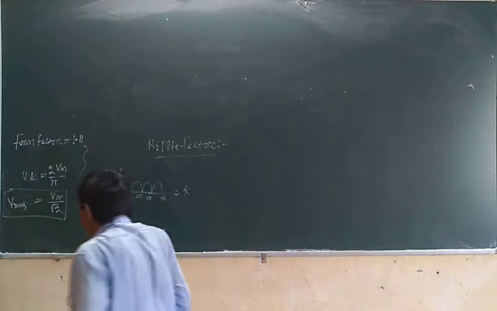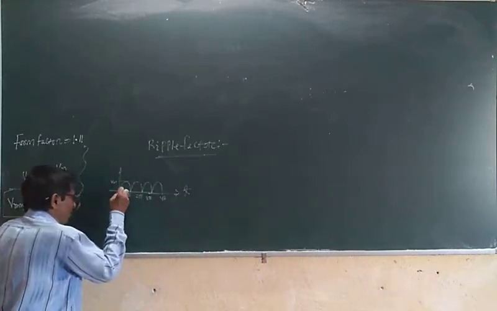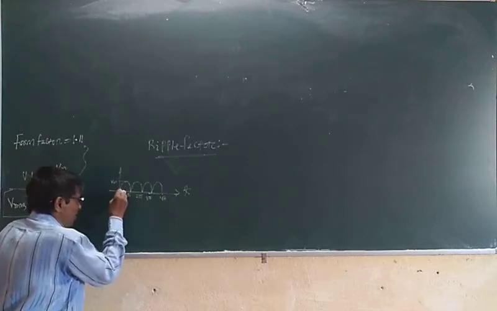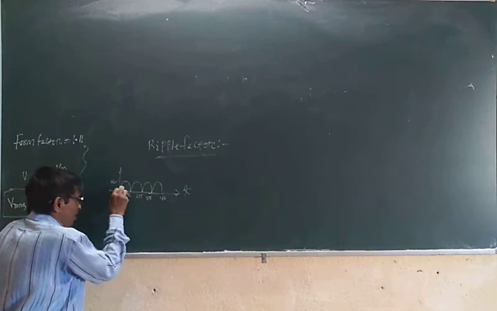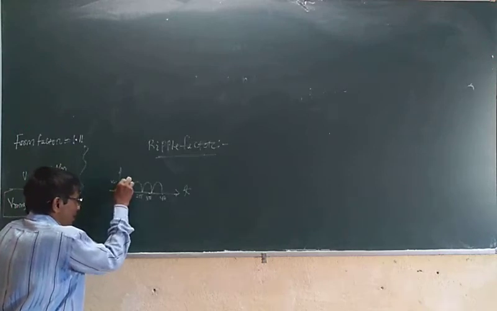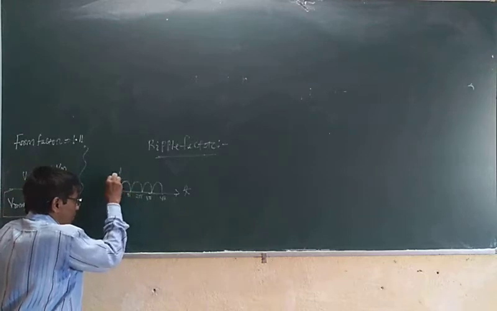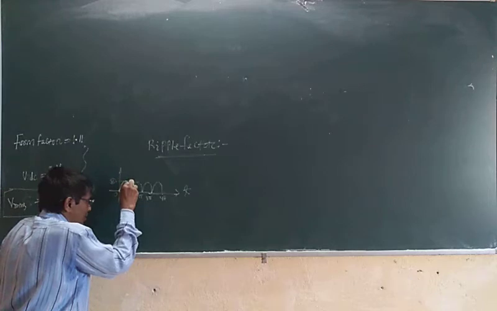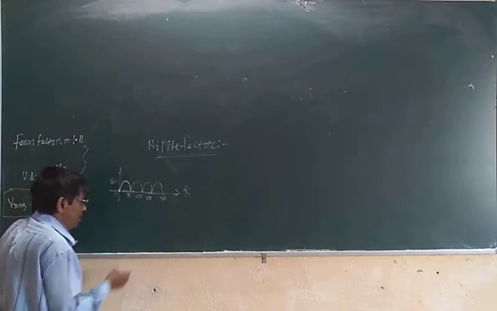Consider the current: starting from 0, it gradually increases and reaches the highest point, Vm, then decreases towards the axis.